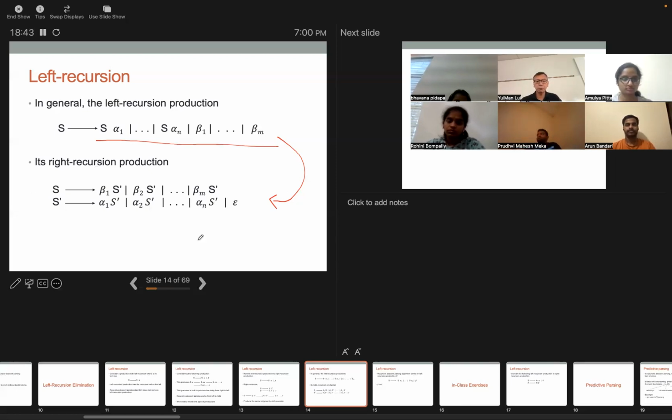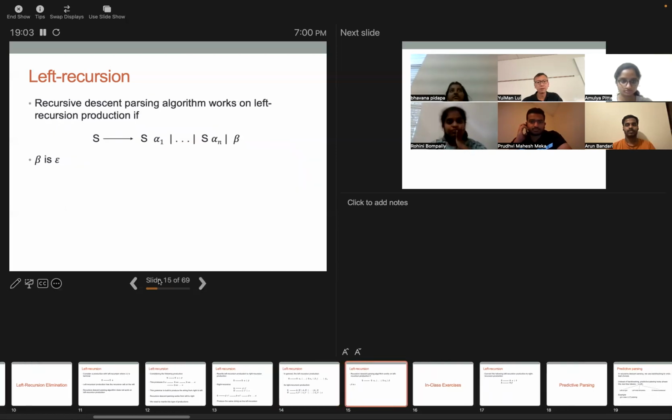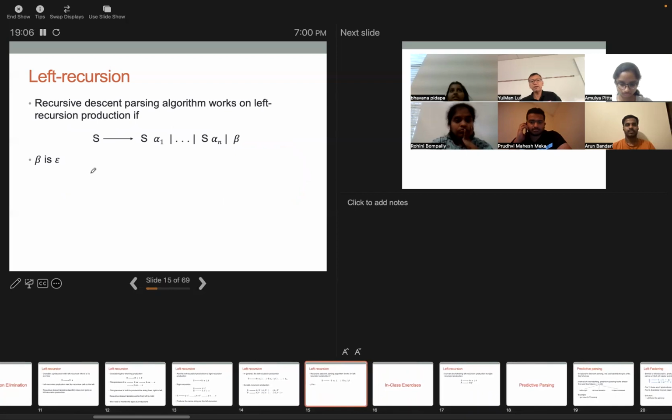So here I want to show you one exception. It's okay for left recursions. If one of your betas is the epsilon, then that's okay.